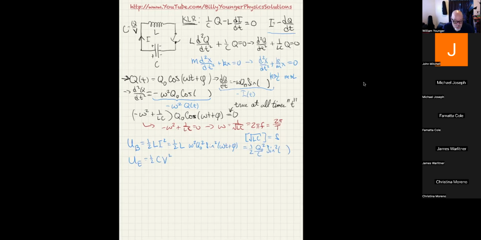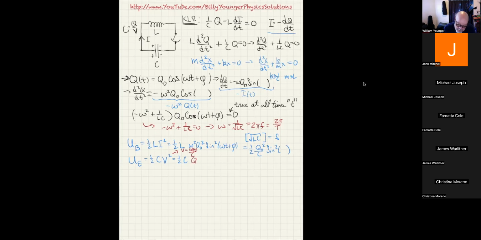Well, V, if you remember from your equation in the top left, C equals Q over V, so V is actually equal to Q over C. So this is going to become 1/2 C times, I'm going to remind you of this right here, V is equal to Q of t over C. So all I have to do now is take the Q of t and square it and divide it by C squared.